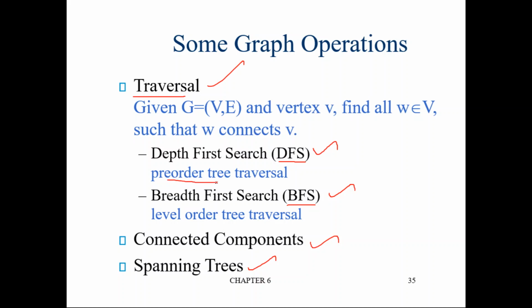But we have discussed pre-order traversal for a binary tree, and when you take a graph, each node can have any number of children. Still, its way of working is similar to that of a pre-order traversal. And breadth first search's way of working is similar to level order traversal.